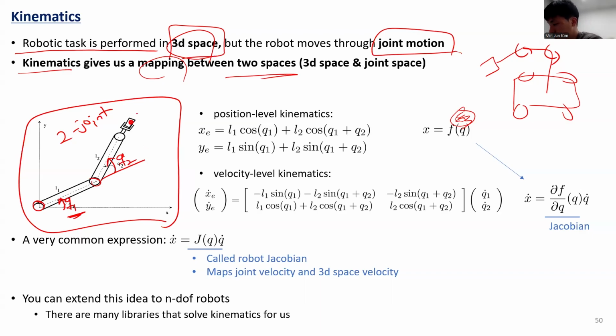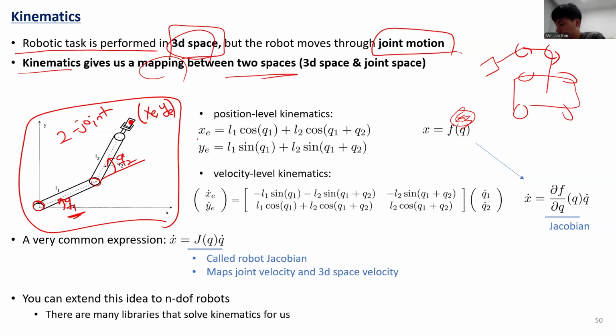And here in 2D space, this is a two-joint robot, so it has only 2D space. The Cartesian coordinates of the gripper can be denoted by x and y. Oh, here xe and ye.